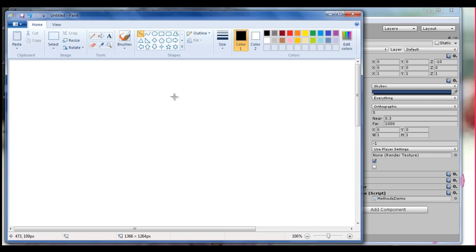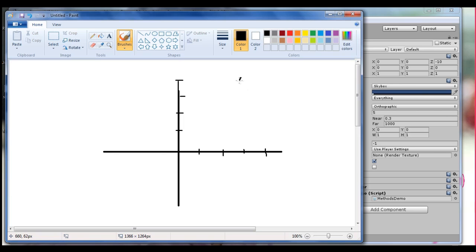Now let us take this Cartesian system, and here we have 1, 2, 3 and 4, and here we have 1, 2, 3 and 4. Let us take an object present at this place.